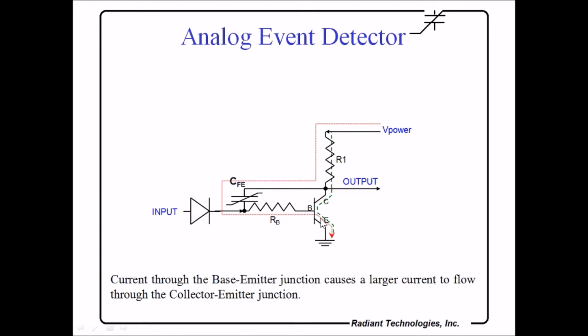And that's this current times beta gives this current. So the resistor is carrying not only the capacitor current, red, but also the transistor current, green. So the two currents combined force the voltage drop across R1 to be higher than it would be if only the capacitor current were flowing through the resistor.